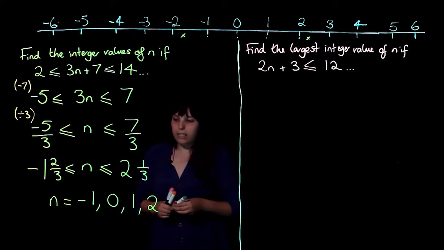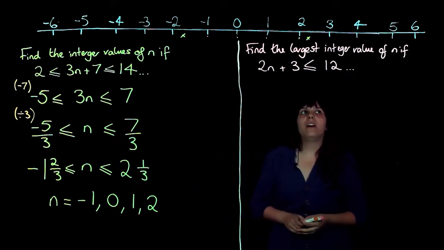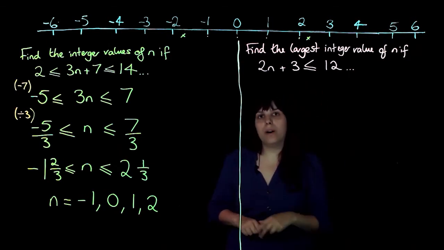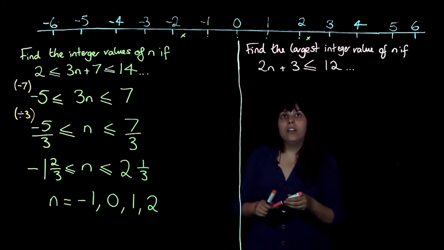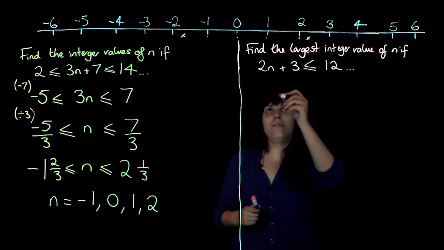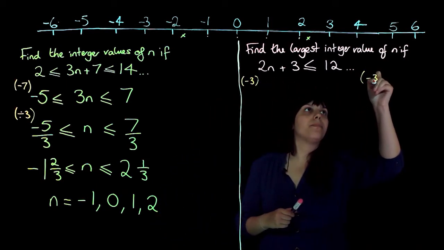If we move on to our next example, it says find the largest integer value of n if 2n plus 3 is less than or equal to 12. So what I need to do here is just solve this question. So I've got 2n plus 3 and I want to get rid of the plus 3, so I'm going to do minus 3 to both sides.